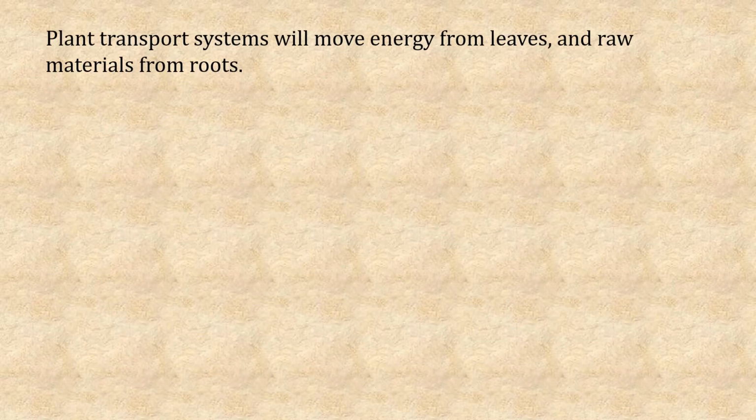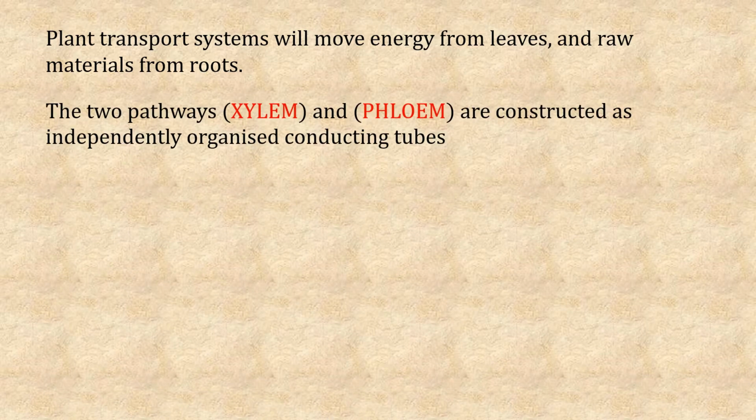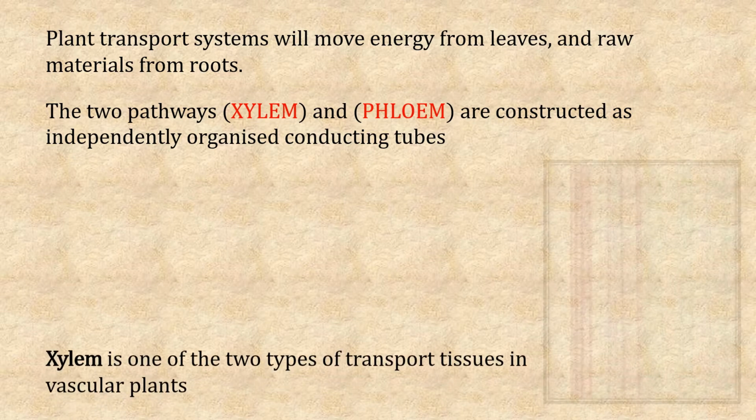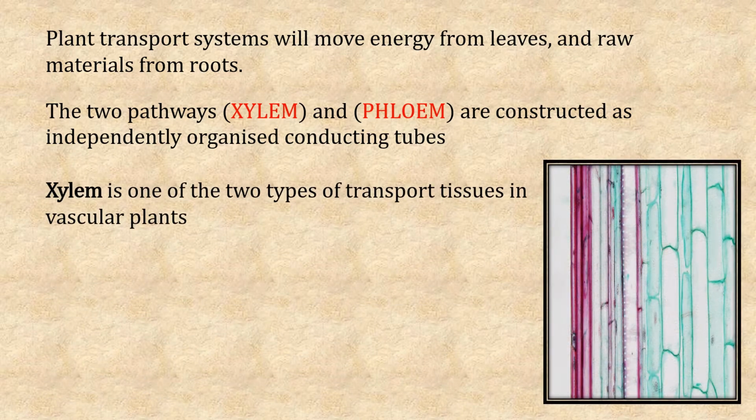Plant transport system will move energy from leaves and raw materials from roots. The two pathways, xylem and phloem, are constructed as independently organized conducting tubes. Xylem is one of the two types of transport tissues in vascular plants.